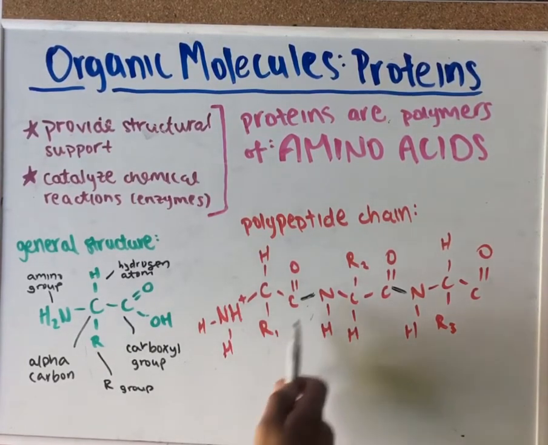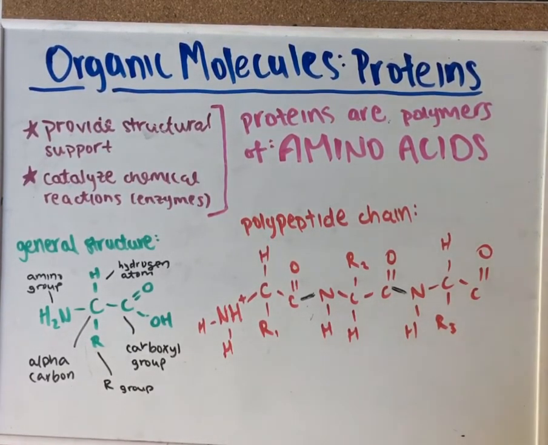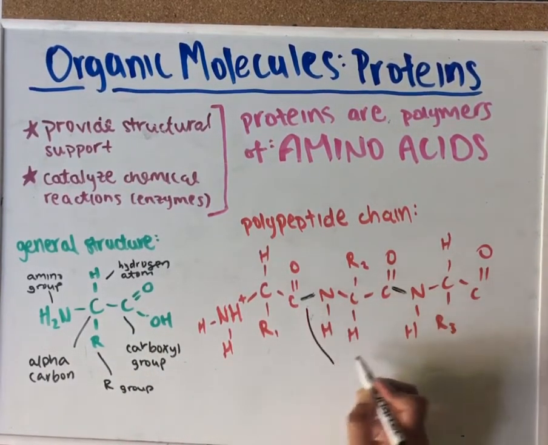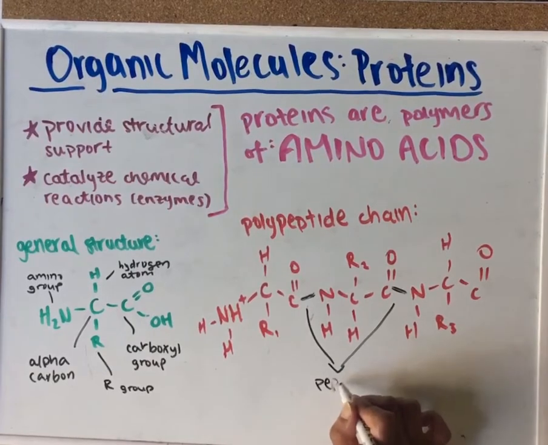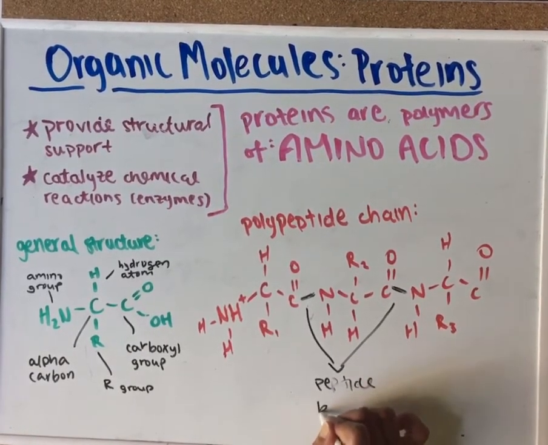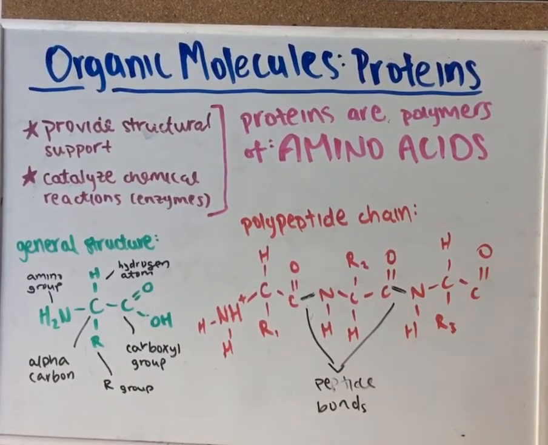So we have R1, R2, and R3 to represent the different R groups that make the amino acids different from each other. So we can take this and call it the peptide bonds. And when this happens, there's a specific chemical reaction that takes place.